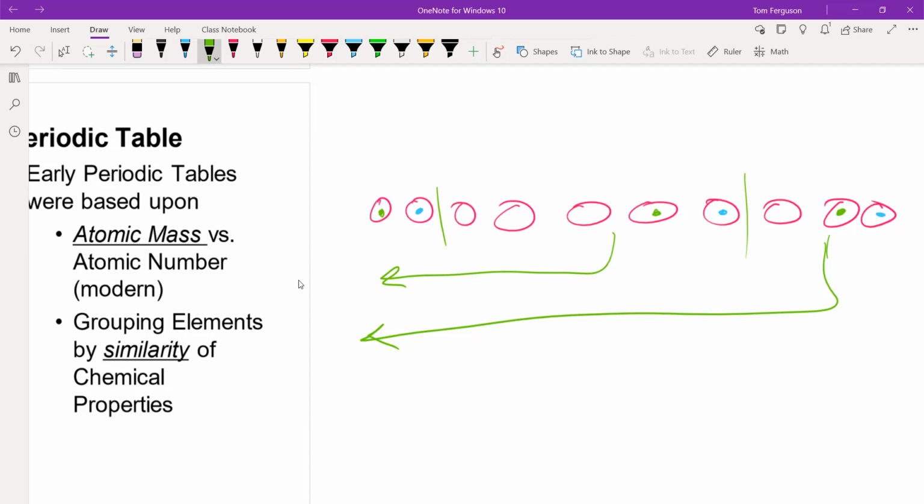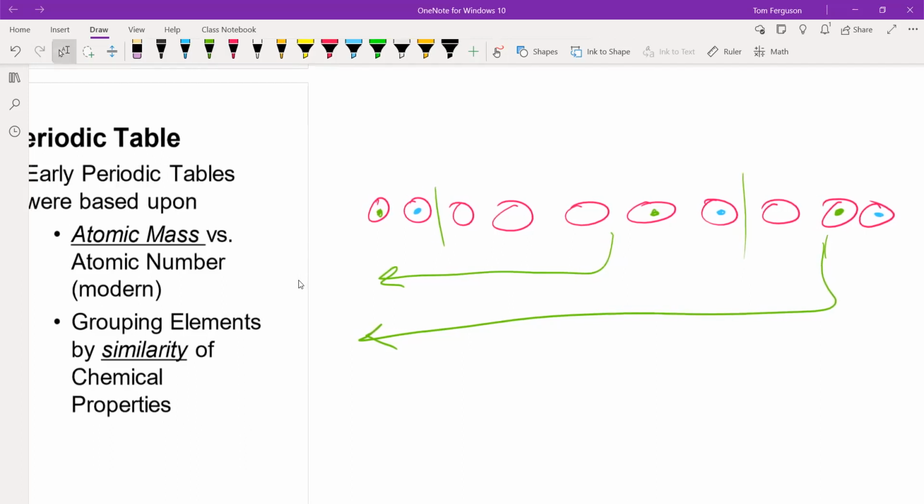That's how this chart came to be. Instead of one big long one like a long train, we chopped it up into pieces by chemical similarities. And that's why they call this concept grouping the elements, because the chemical characteristics and properties are almost the same.